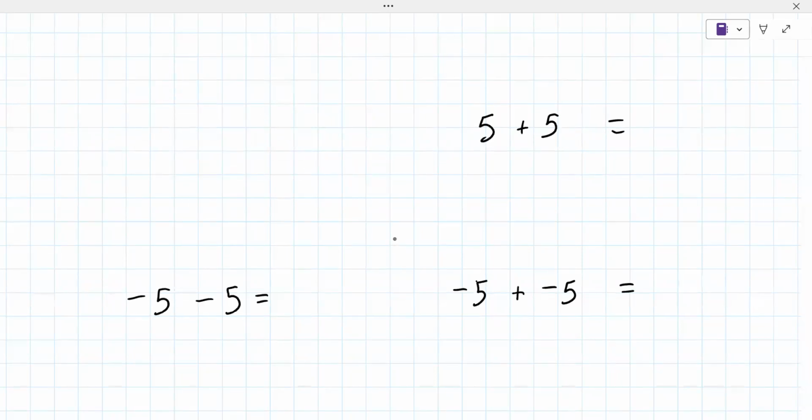Let me give you these 3 to try, please. I'm correct. 5 plus 5 is 10. Okay, -5 minus 5 is -10. -5 plus -5 would also be -10. All correct. Okay. So now we're going to switch to case 2.